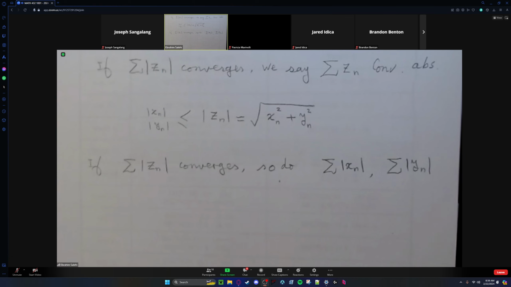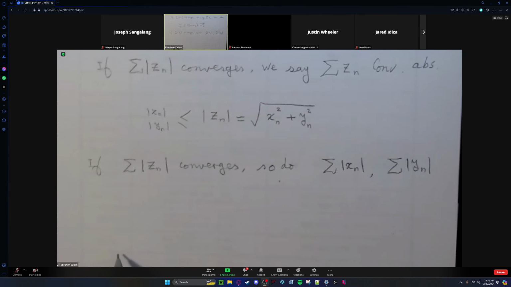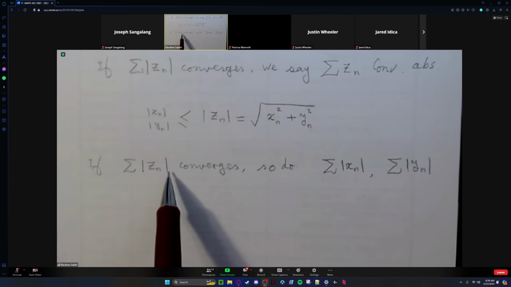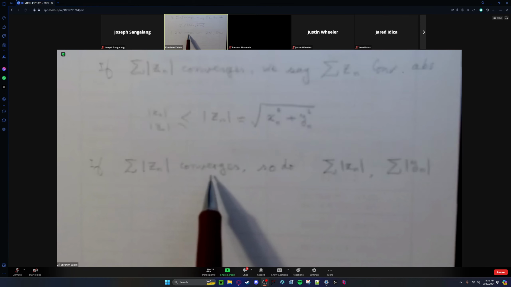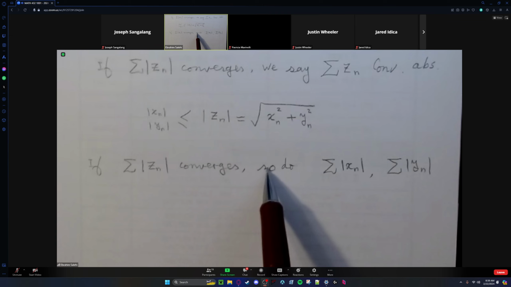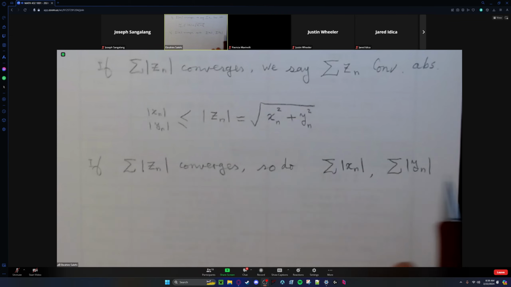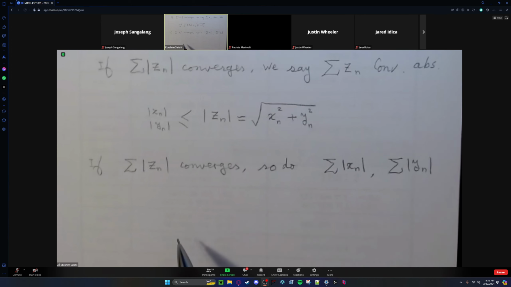That's why we are really interested in taking the modulus. The first thing we always do is take the modulus and see if the series converges, because as soon as this one converges, we know that the real and imaginary series will converge. As a result, the original series will converge, okay?